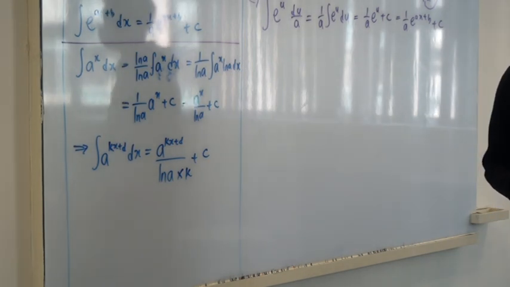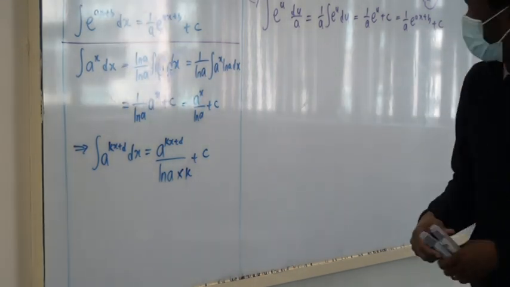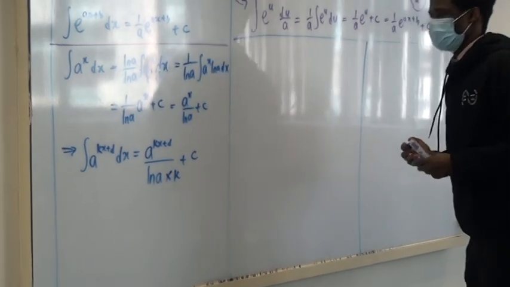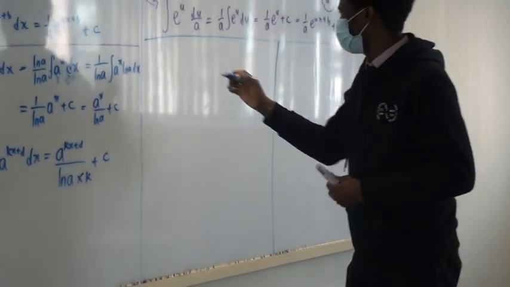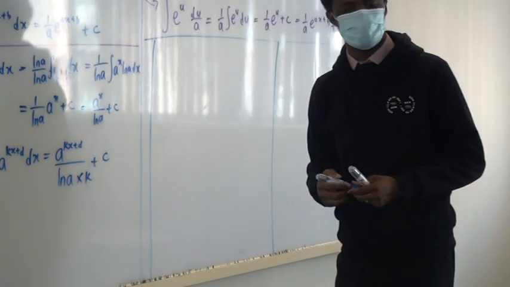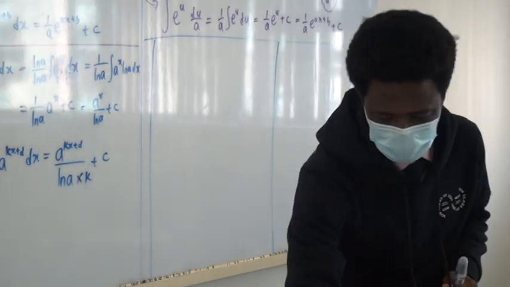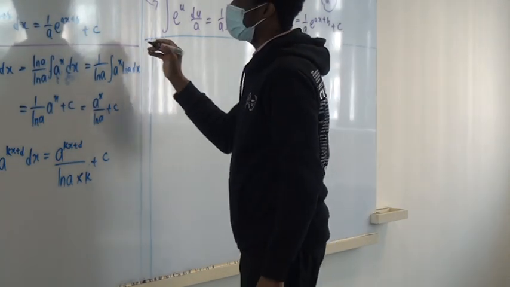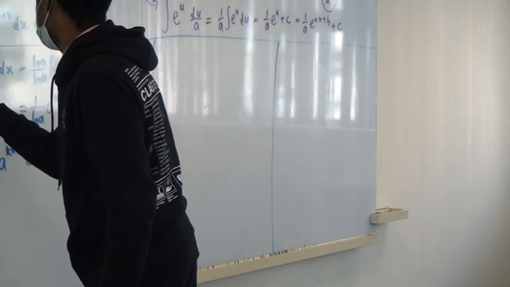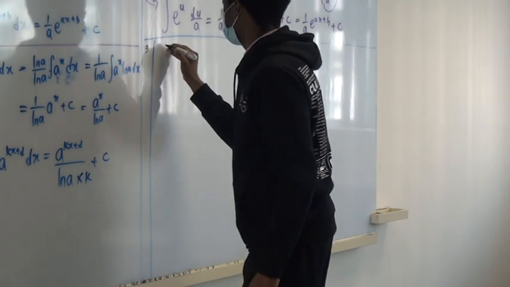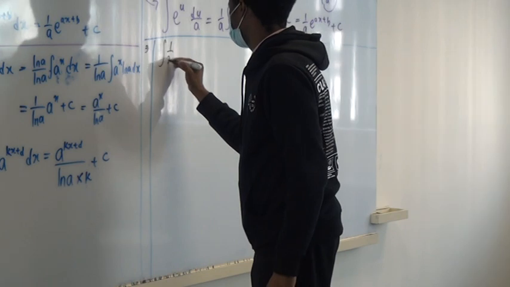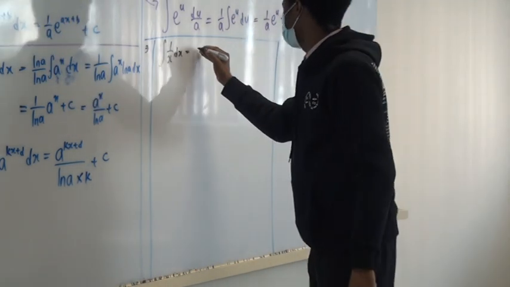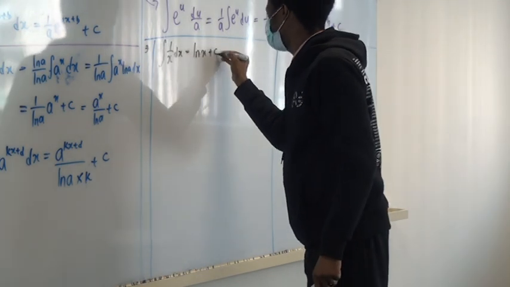Does that make sense? Now, that's that about the exponential function. For trigonometric functions, we also discussed this, so this is like a review of what we talked about online on Saturday. For the natural logarithm, the integral, so let's say this is 1, this is 2, this is 3. For the natural logarithm, we know that this, from that second next step, is going to be the natural log of x plus c.